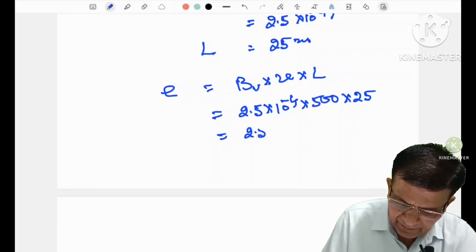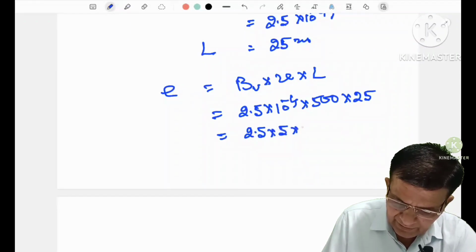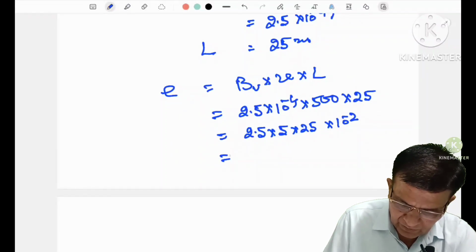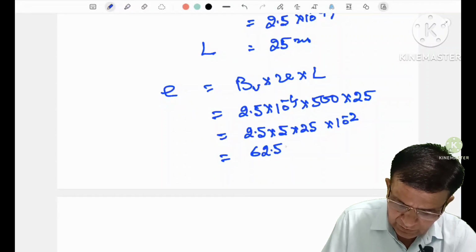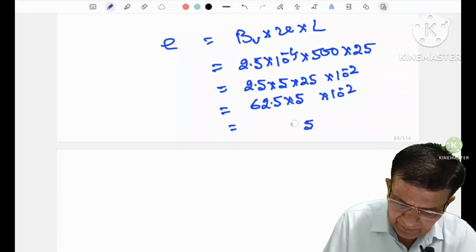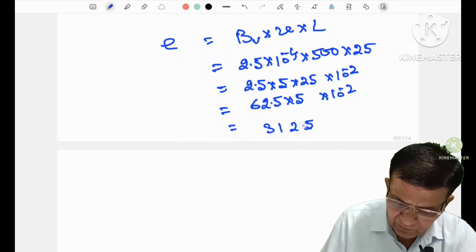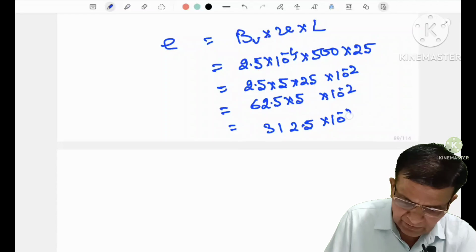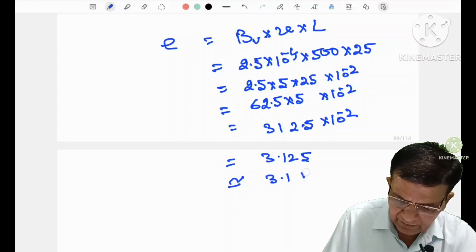So 2.5 into 5 into 25 into 10 to the power minus 2, or 312.5 into 10 to the power minus 2, or 3.125 volt, or approximately 3.1 volt.